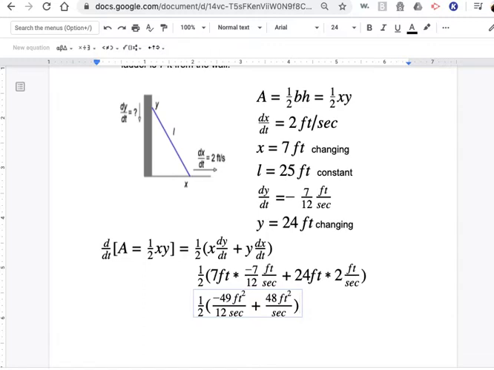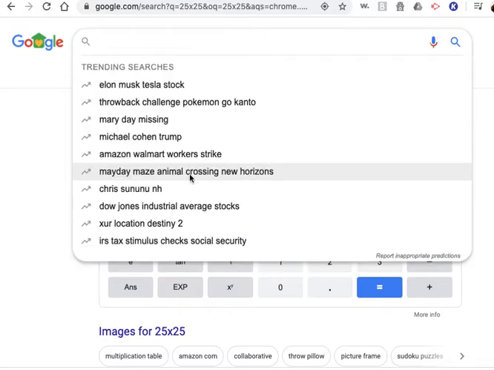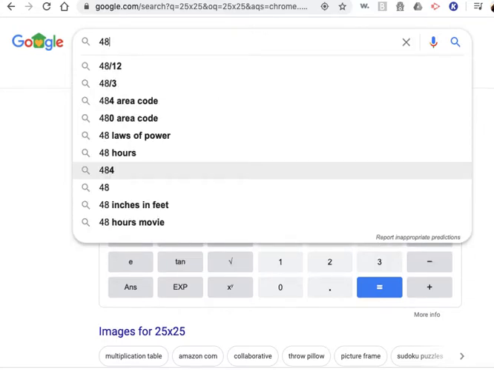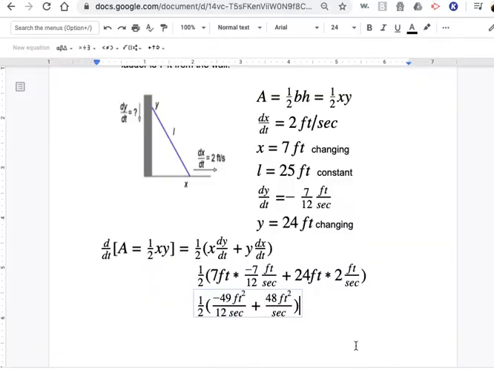We're going to do 48 times 12, which is going to give us 576.